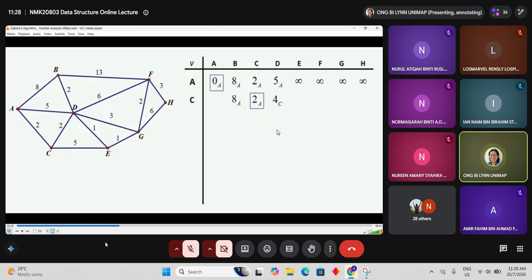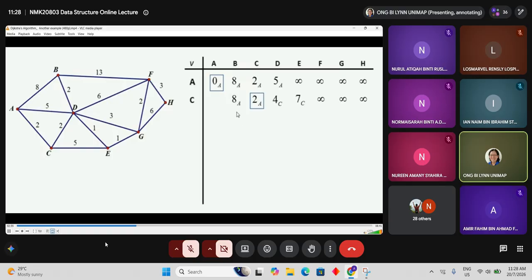I can get from vertex C to E with a weight of 5. So 5 added onto the 2 gives me a weight of 7 in total. Again, coming from vertex C. I can't get from C to F or to G or to H, so those are going to remain unreachable.